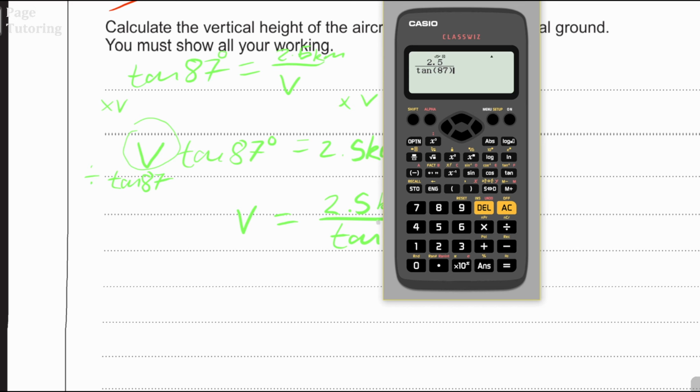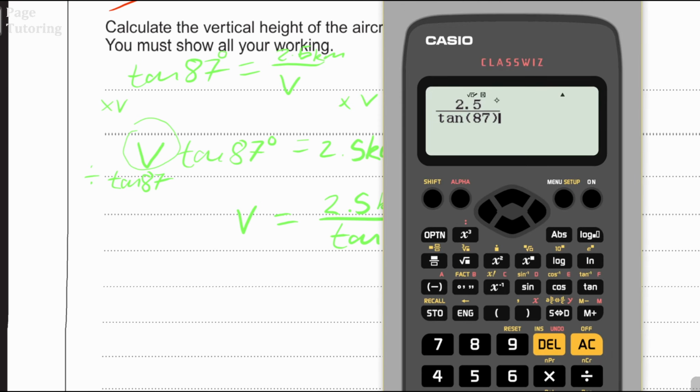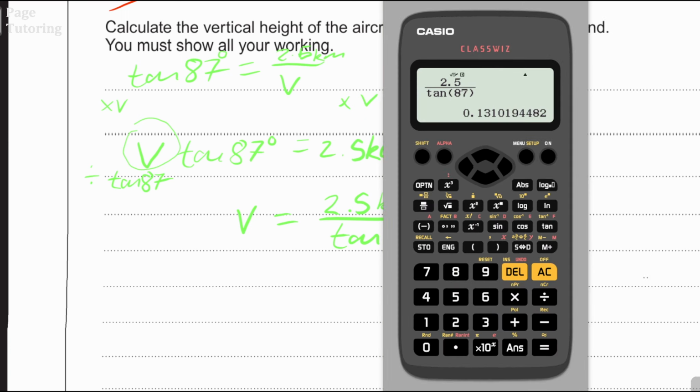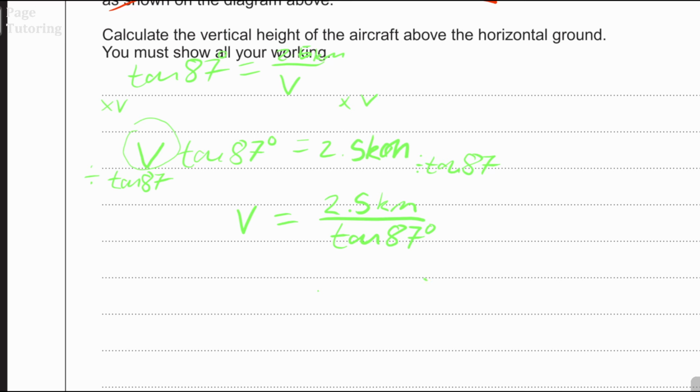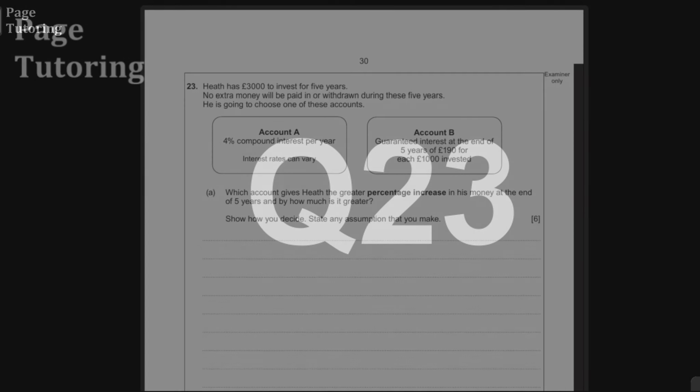Oh, can you see at the top? Let's make this a little bit bigger. You see at the top there is in degrees mode. There's like a tiny little D. So that gives us 0.131 and loads of other numbers. So we're going to put in 0.131 kilometers.